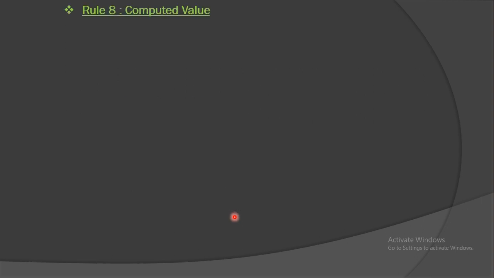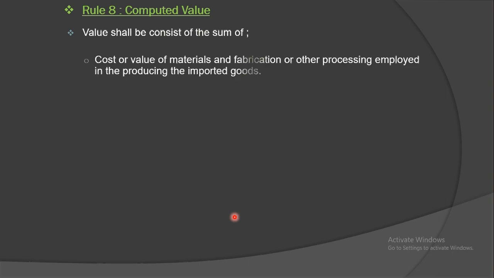Now coming to rule 8, computed value. If we are not able to calculate our assessable value otherwise, then rule 8 comes in. Here we are simply calculating the cost of the product. It consists of the cost or value of materials and fabrication or other processing charges like energy, subcontracting, labor.